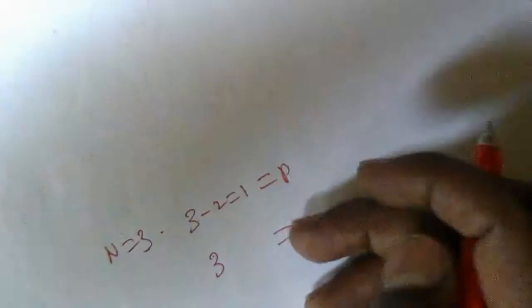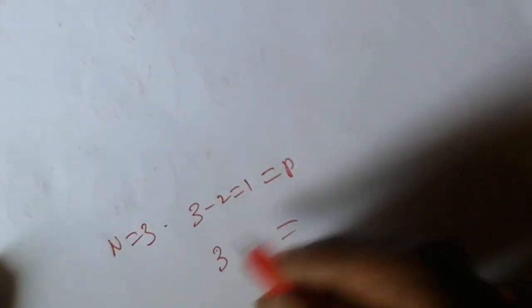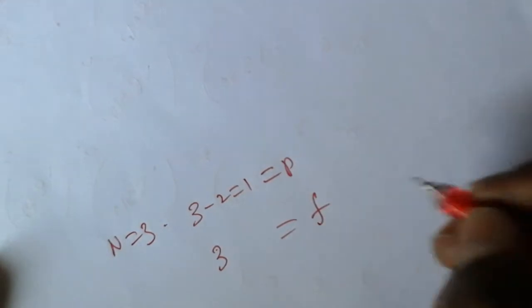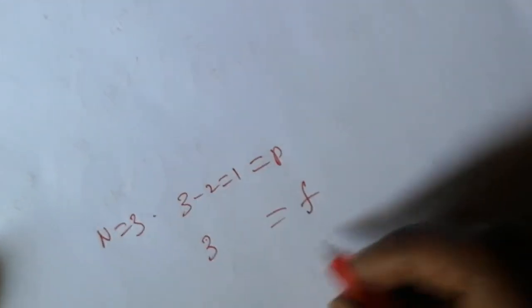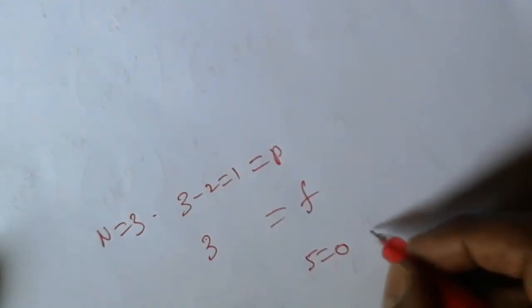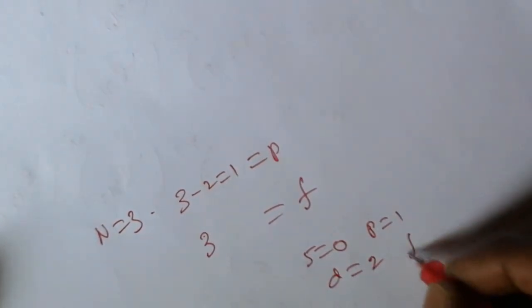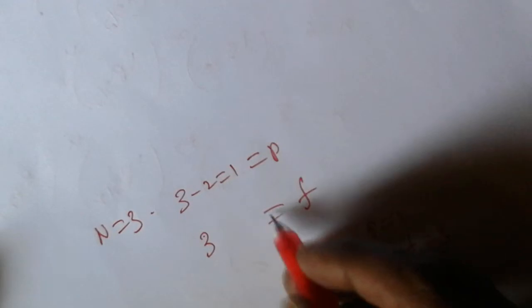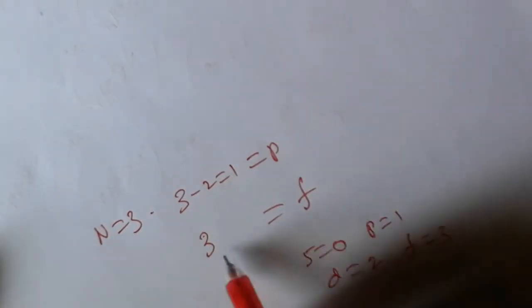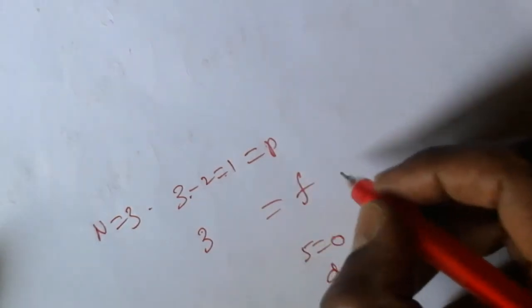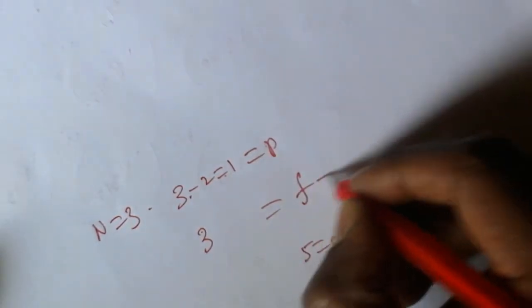So we can write 3 is equal to f, because s is equal to 0, p is equal to 1, d is equal to 2, f is equal to 3. So 3 means f, and f 1 means p, so f and p we are getting.